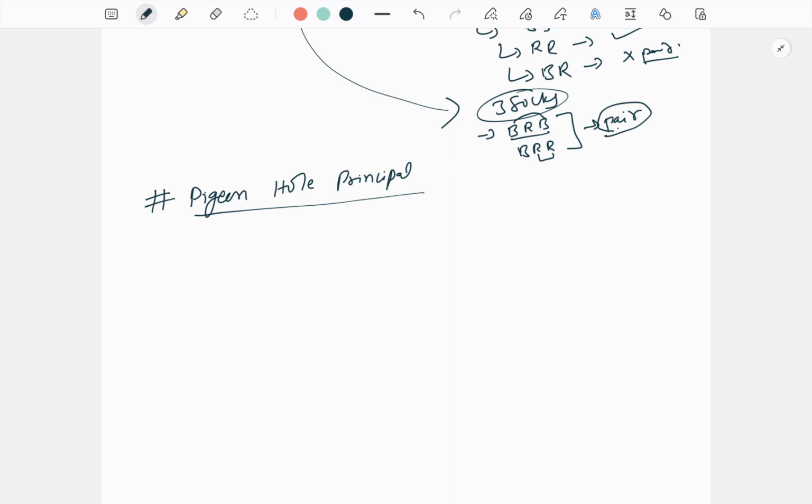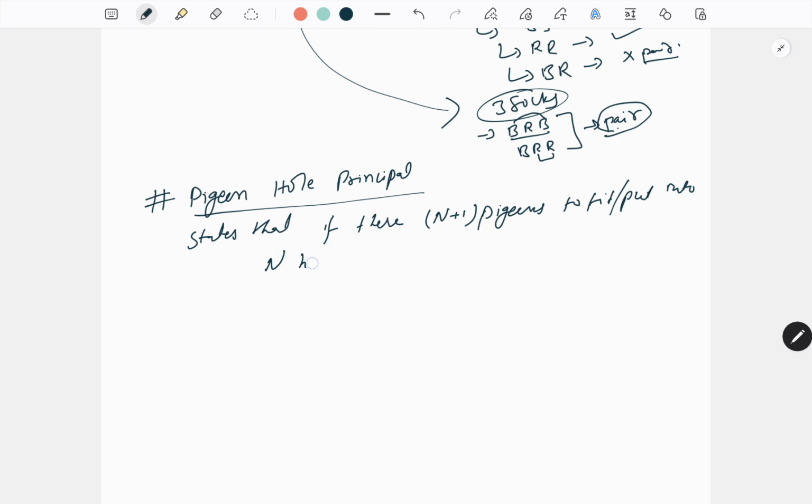The pigeonhole principle states that if there are n plus 1 pigeons to put into n holes, you have n plus 1 pigeons and you have n holes. Now you have to put these n plus 1 pigeons into n holes.